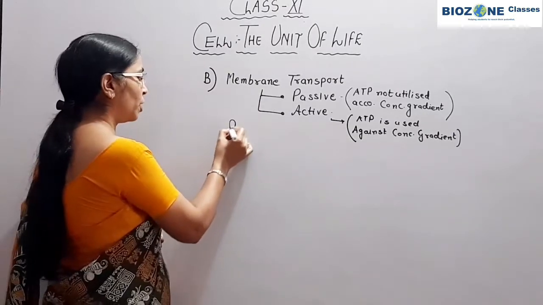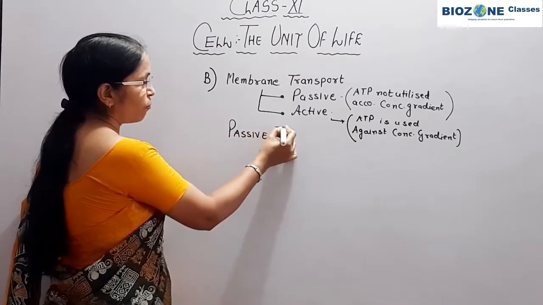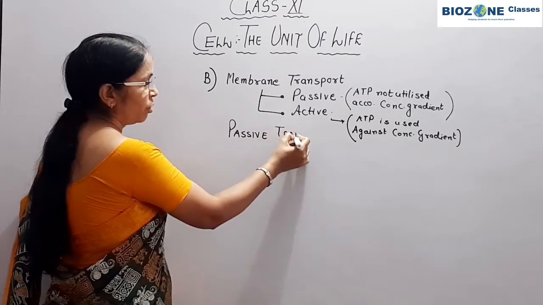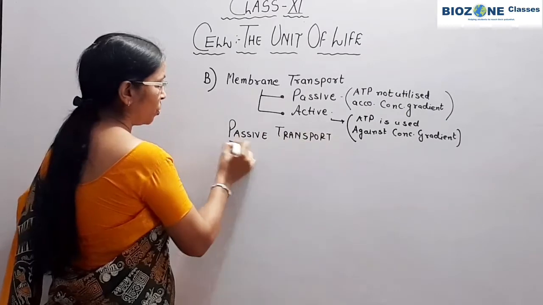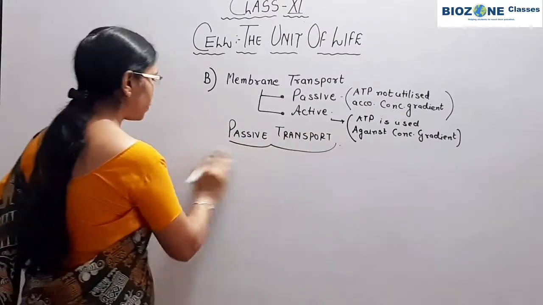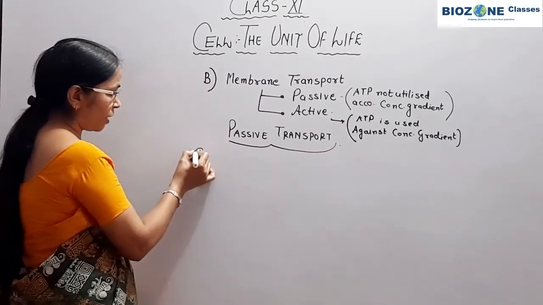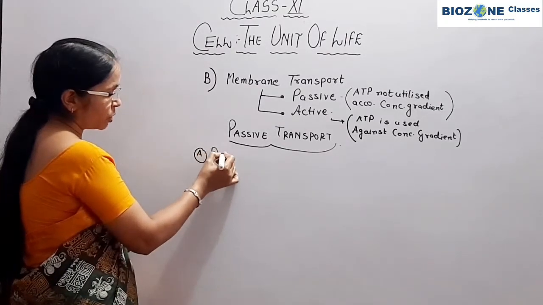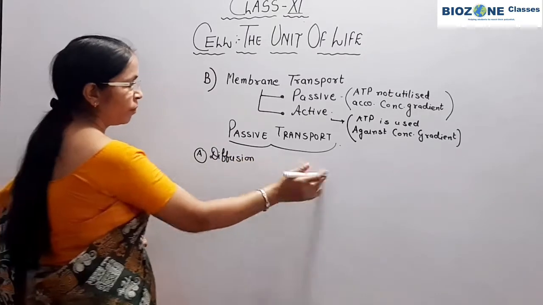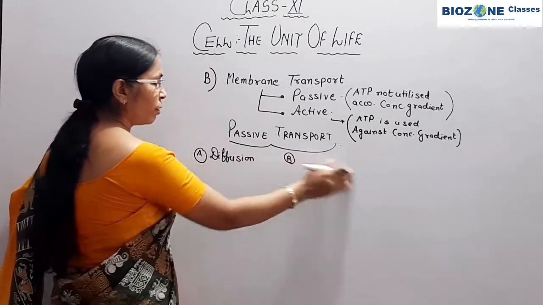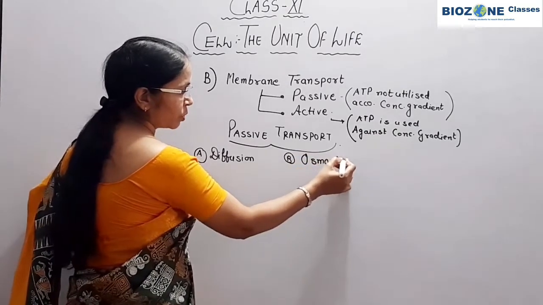Now we study the different ways of passive transport. Passive transport predominantly takes place by the process of diffusion and osmosis.